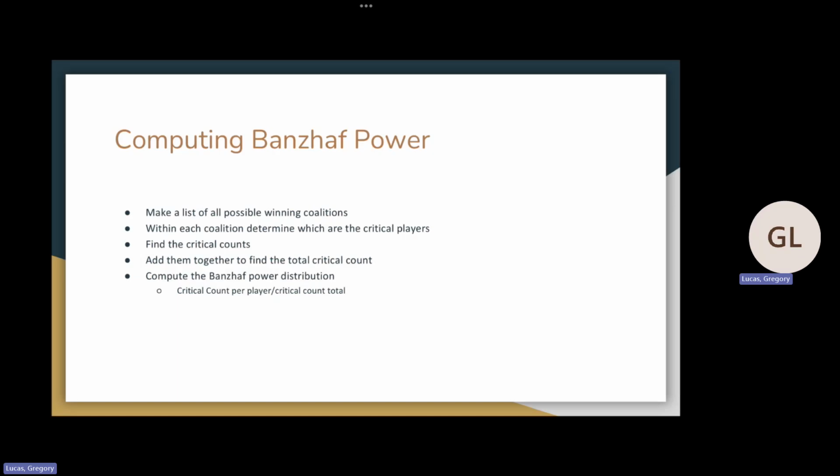Okay, so we talked about there are 4 combinations here. Let's write it as Republicans, Democrats, and Independents. If everyone votes together and someone doesn't show up, it doesn't matter, it would still pass.